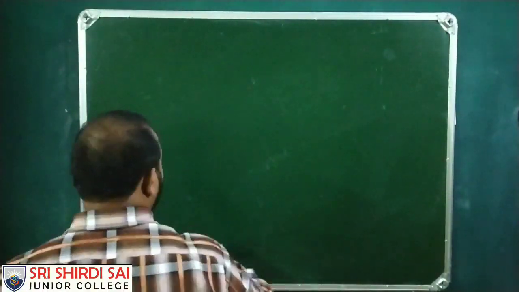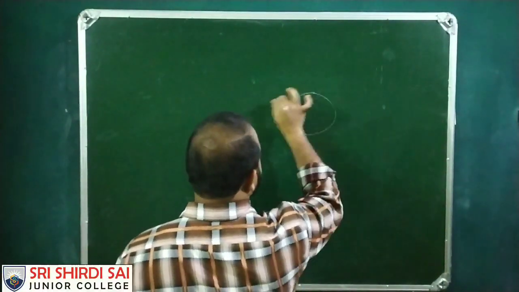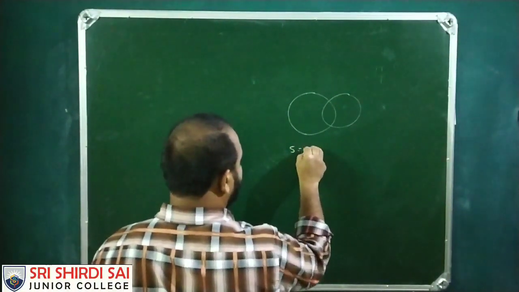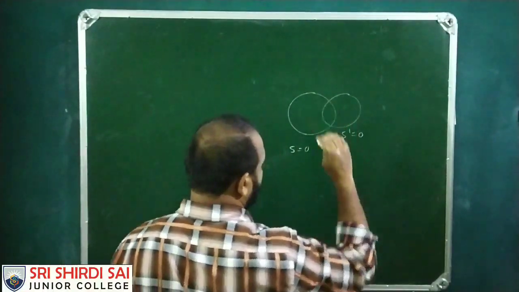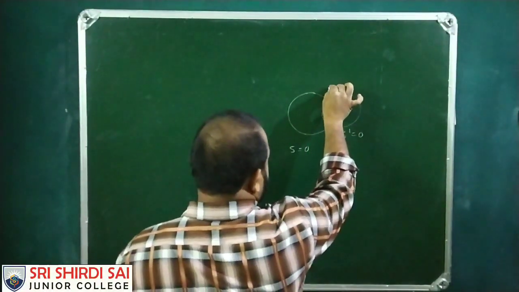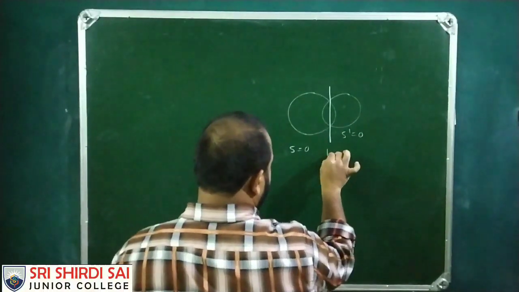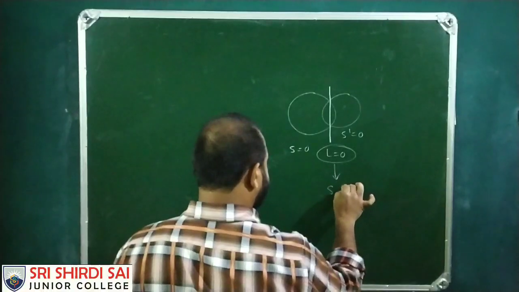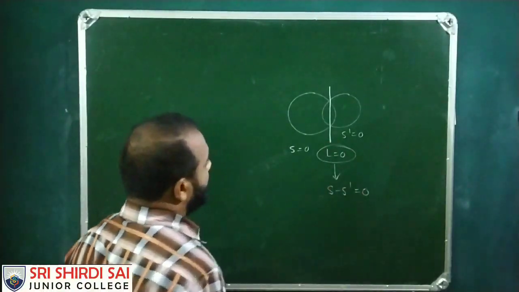What I am trying to tell you is, this is one circle and this is another circle. Let us suppose that S equals 0 and S dash equals 0. Then this line is there, L equals 0. This L equals 0 is the result of S minus S dash equals 0.